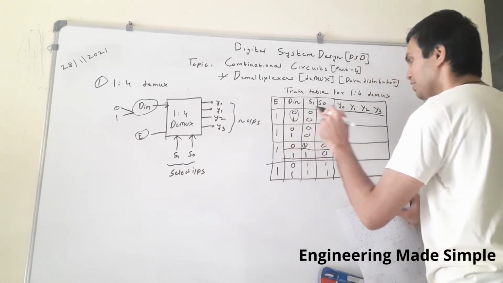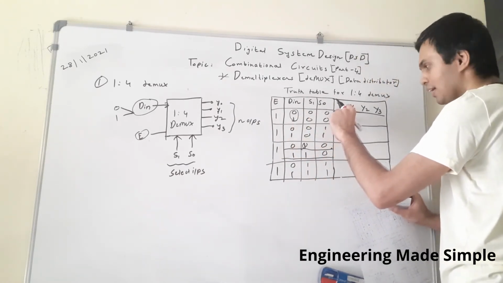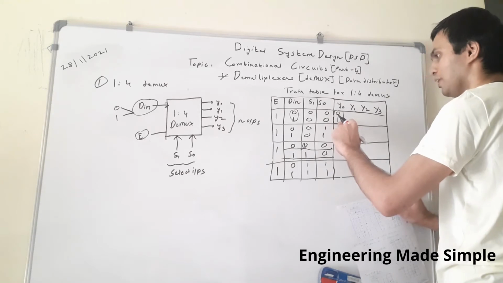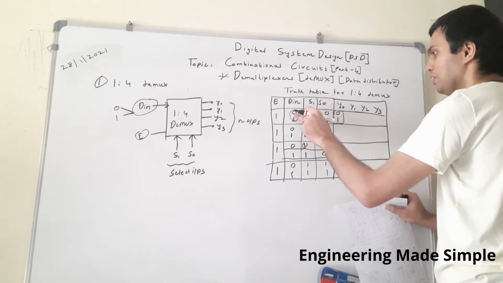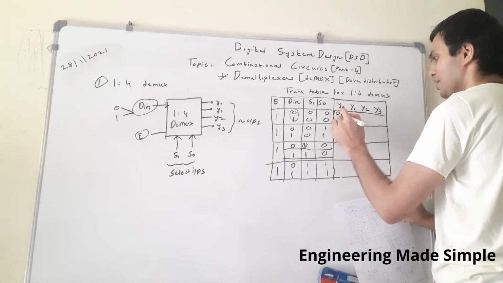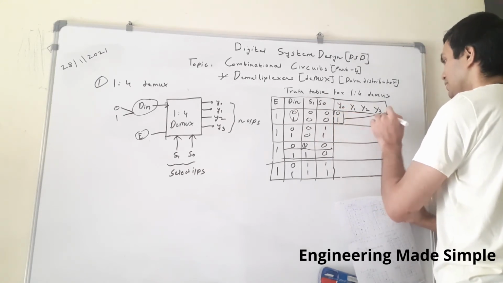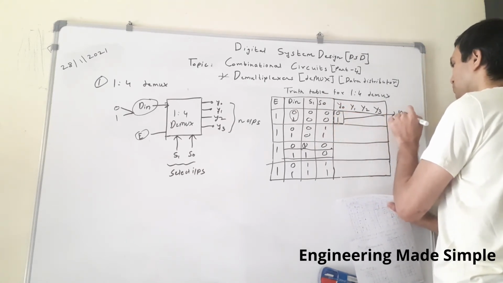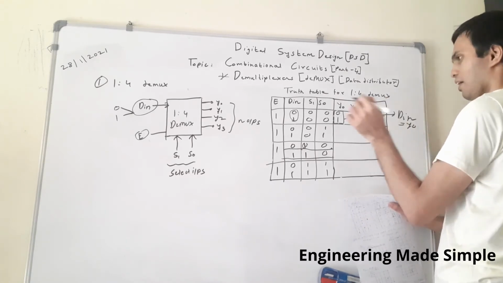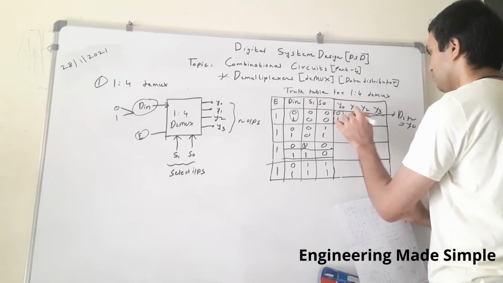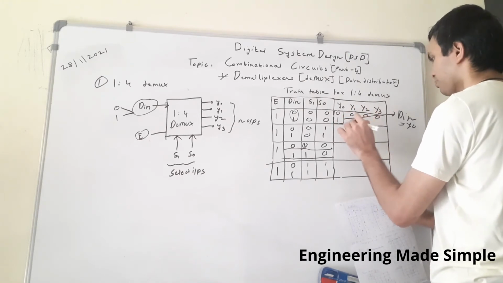So that's why this input gets transmitted over there, that is 0 1. If we apply 0, then your data input is 0, and it would be transmitted as it is. So this 0 1 is nothing but the DIN input which is transmitted here. So here DIN is connected to Y0 output in this case, and all the remaining outputs will be 0.